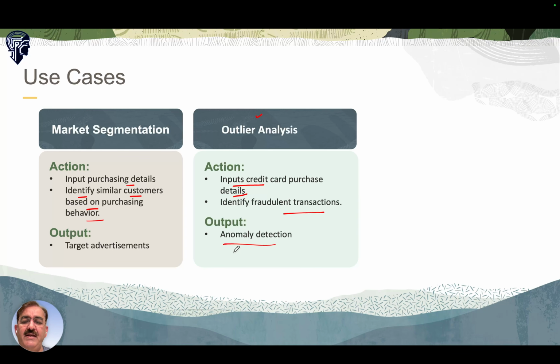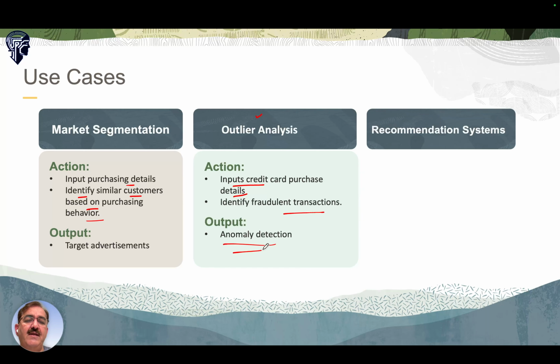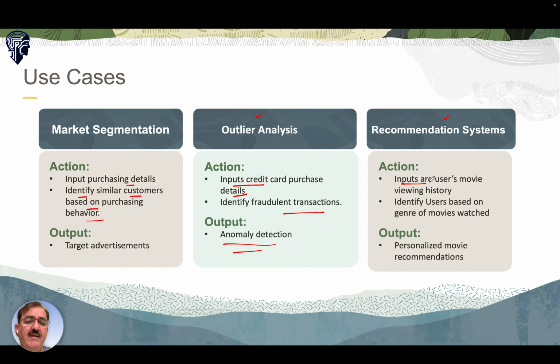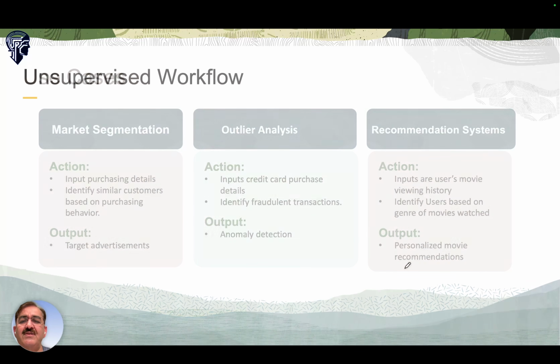The output here is anomaly detection. Third is a recommendation system, where we input the user's movie viewing history and identify users based on the genre of the movies watched, giving a personalized movie recommendation system. So these are three good use cases of unsupervised learning: market segmentation, outlier analysis, and recommendation systems.